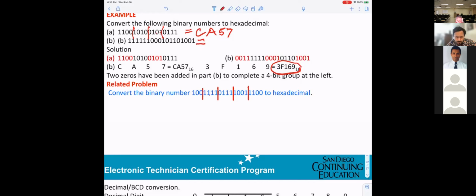Then converting the group to the hex. Four, F is in Frank, 7, 9, C is in Charles.